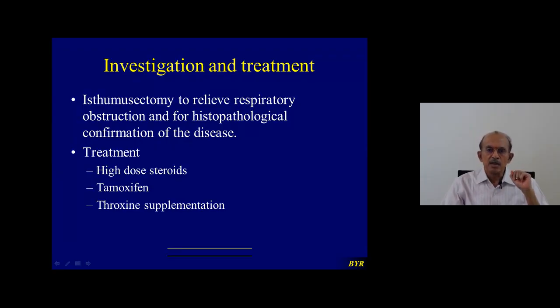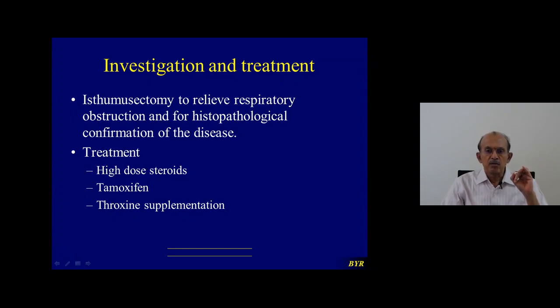The important points to remember in medullary carcinoma are: number one, it produces calcitonin, 5-hydroxytryptamine, and bradykinin, which are responsible for diarrhea. It may be associated with pheochromocytoma and other multiple endocrine neoplasias.